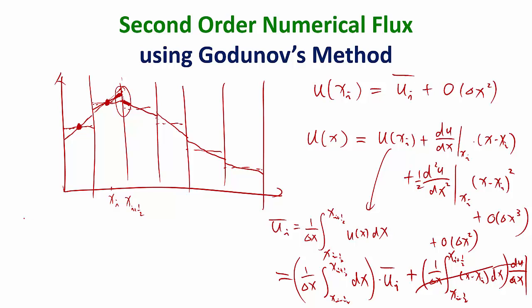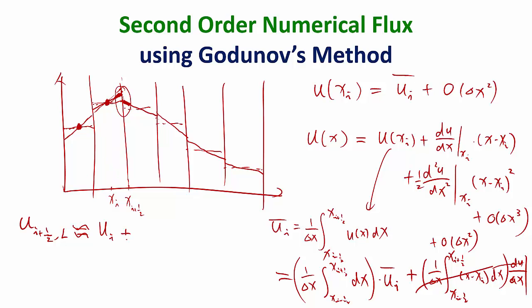So, in other words, u of i plus 1 plus half, left. Left because at this point I have two values, one from reconstruction from the left, one from reconstruction from the right. Remember, there is a discontinuity, so I need two values. The one from the left is approximately equal to u of i, which is the value here. I write approximate because this is just a second order approximation.